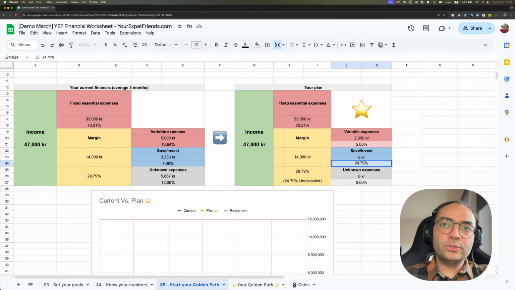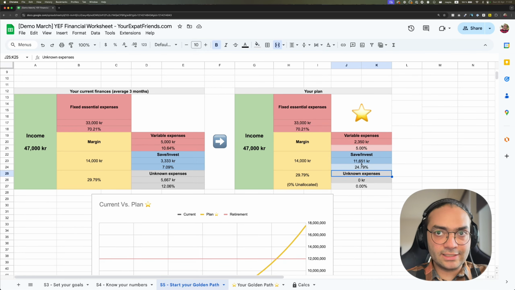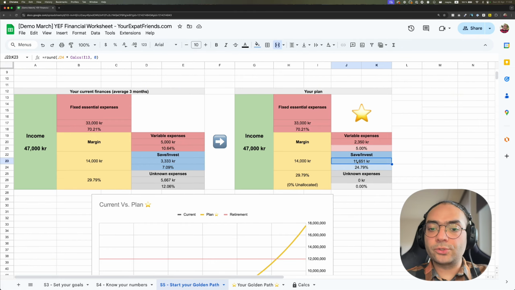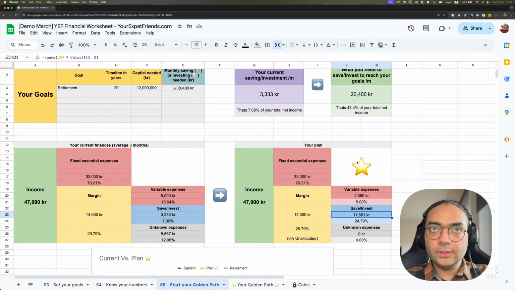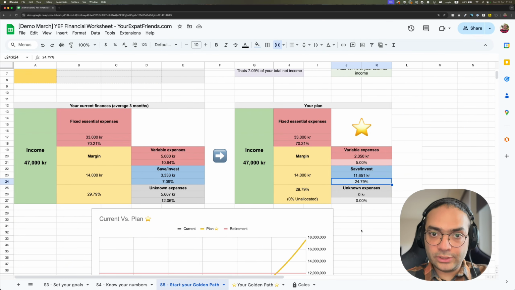If I put 24.79% of my income into saving and investing, then I am now saving 11,000 kroner per month. Still, this is far away from the 20,400 that I need to save in order to reach my goal. But I'm now much, much closer to actually reaching that.